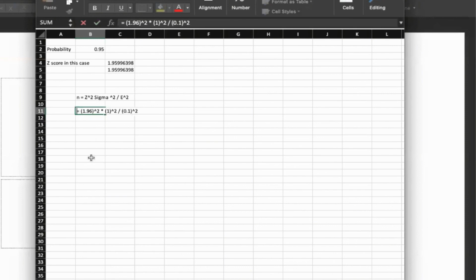And we get 384.6. So sigma means standard deviation and E means error, right? Yeah, E means error, yes, or the desired interval.